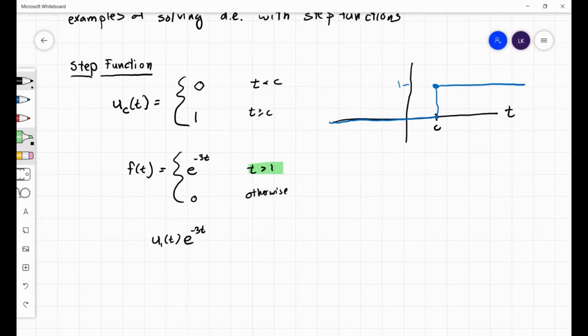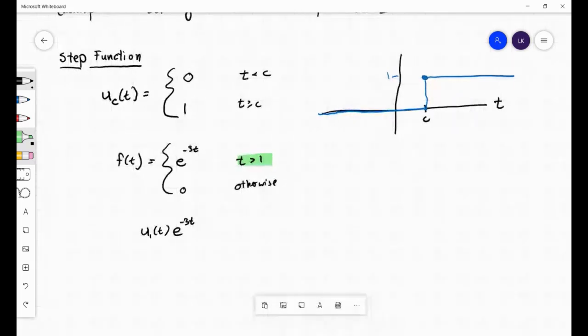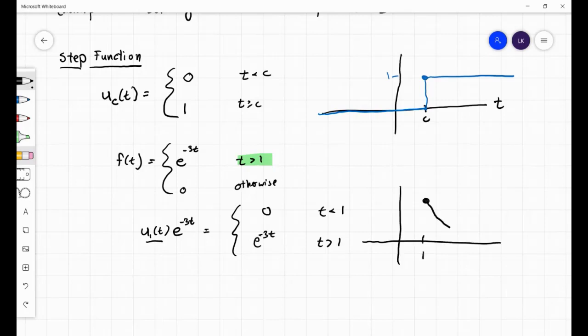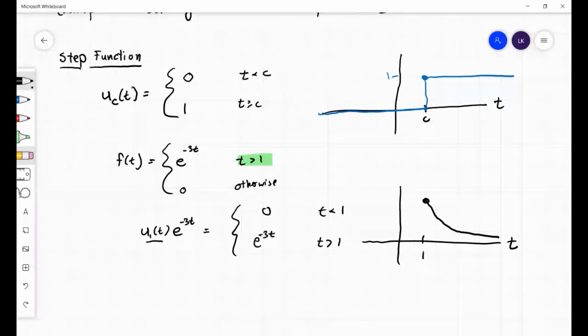But before time equals 1, the step function is 0, so you just get 0. But after time equals 1, this becomes 1, so you're just left with your exponential. It's like we want to turn on this decaying exponential, but only after a certain time.